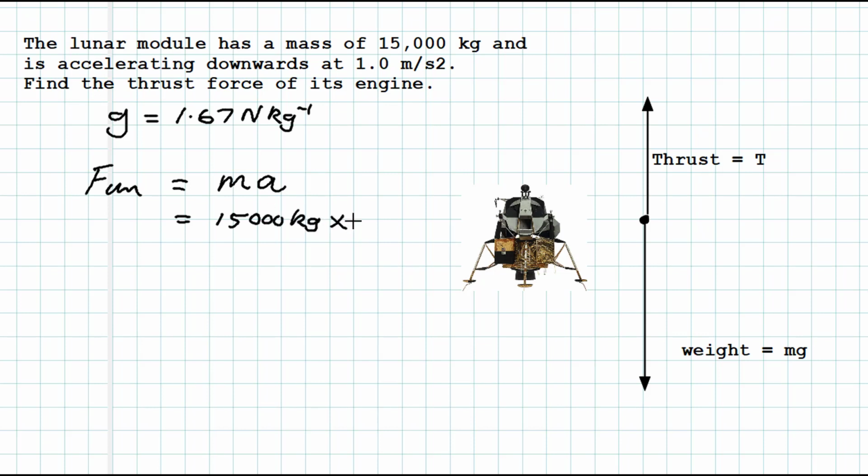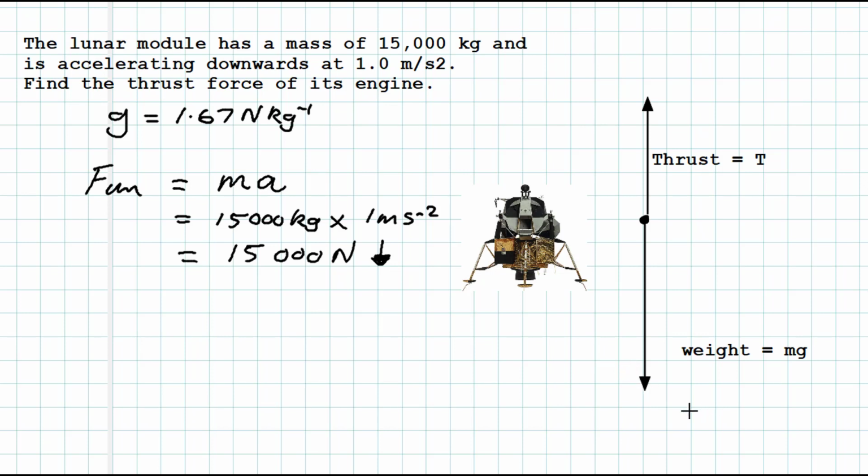And we know the acceleration of the lunar module is 1 meter per second every second downwards. So we can put in 1 meters per second to minus 2. And remember, our answer, 15,000 newtons, will be acting down the way. The unbalanced force is acting downwards, which means the weight must exceed the thrust by 15,000 newtons.